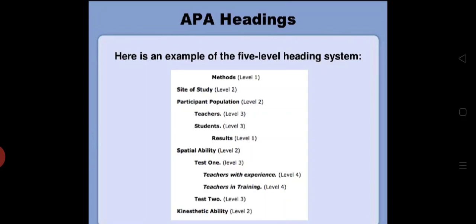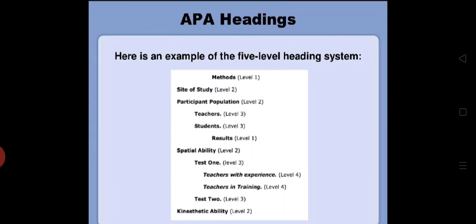Here we have a format showing how you can use level 1, 2, 3 and 4 headings. Here is an example of the 5 level heading system. The first level heading is in the center, like Methods, level 1, and then in the method there are several points.